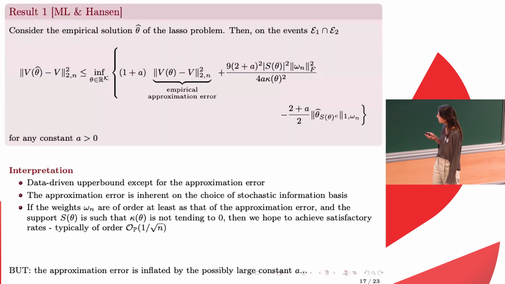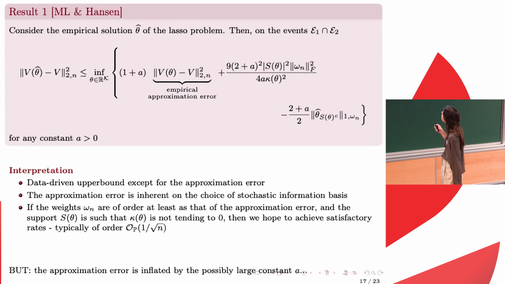All right, so the first result that we obtain, and that is already interesting, is that if you look on the left, so if you consider first the empirical solution theta hat of the lasso problem, then on the events, if we suppose that both events are fulfilled, you can upper bound the estimation error on the left-hand side of the inequality by a sum of some terms, where what is important here is this term, right?